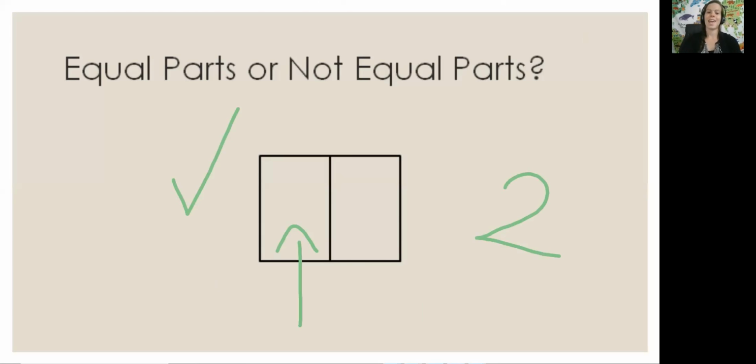It is a half. So this is a half, or 1/2. How many pieces do we have? Two. So I would describe this whole shape as we have two halves. Okay, this whole shape is two halves.